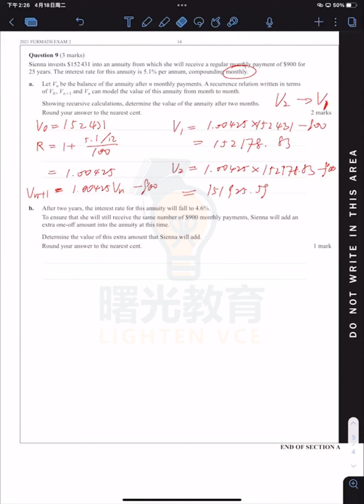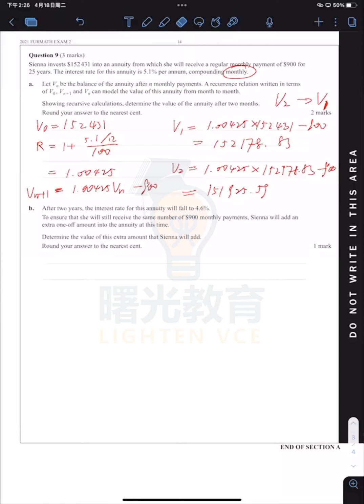So to ensure that she will still receive the same $900 monthly payment, Sienna will add an extra one-off amount into the annuity at this time. So she needs to deposit extra money to make sure that in the following 23 years with the new interest rate, she can still receive $900. Determine the value of this extra amount Sienna will add, rounding your answer to the nearest dollar.